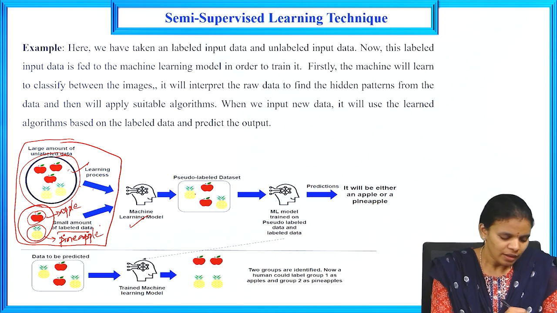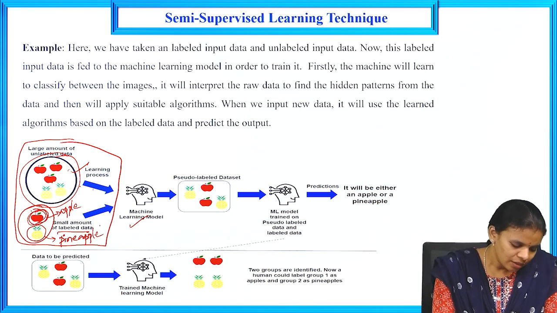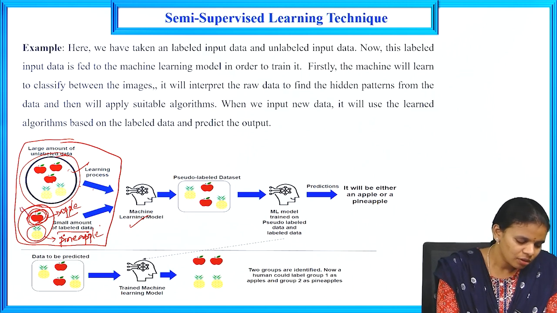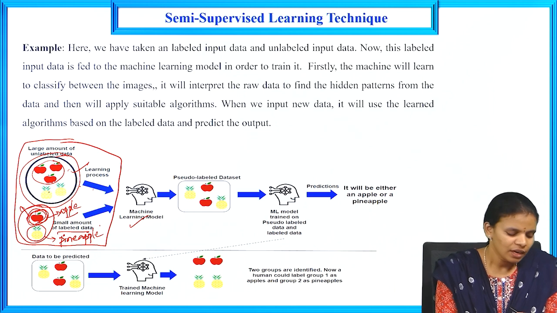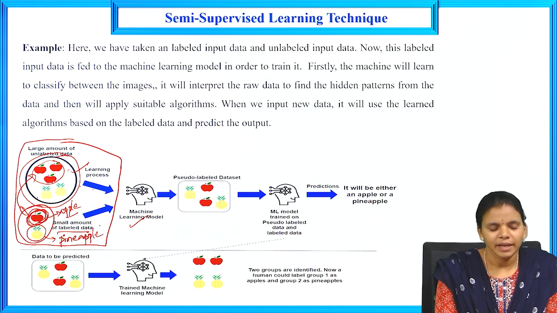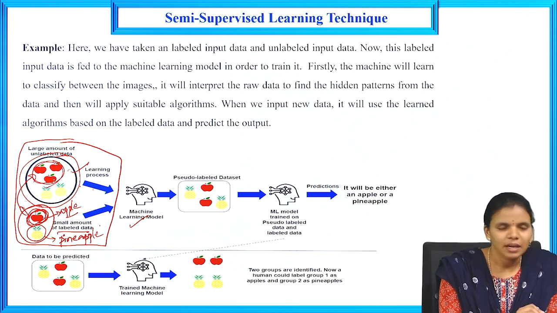So here the label for this image is apple in the labeled data set, and images which have the same properties or the same features are present in the unlabeled data set. The image name is apple in the labeled data set and there is no name in the unlabeled data set.